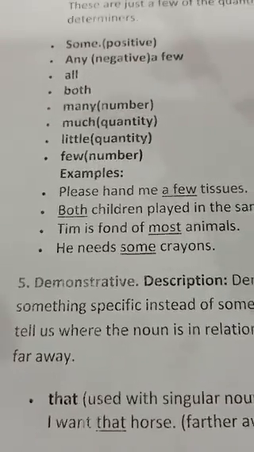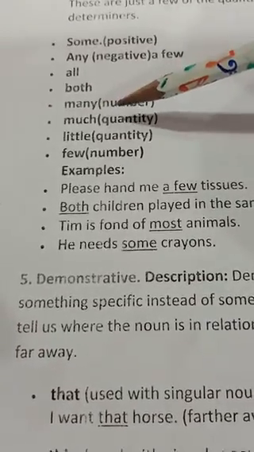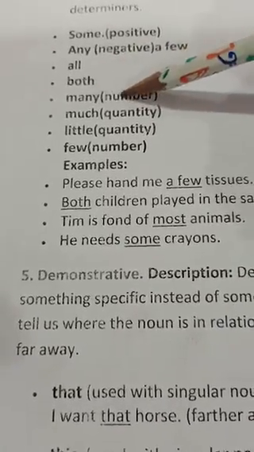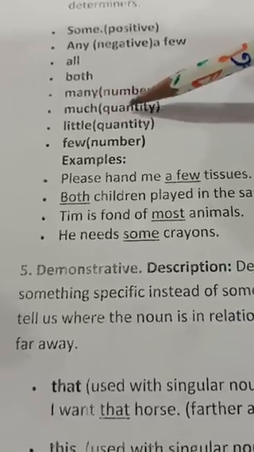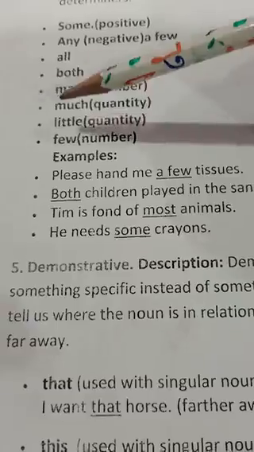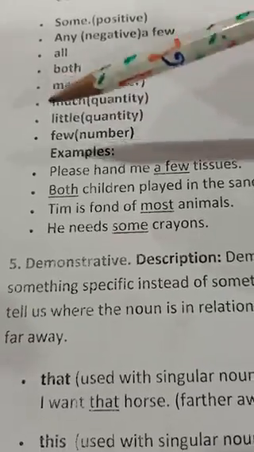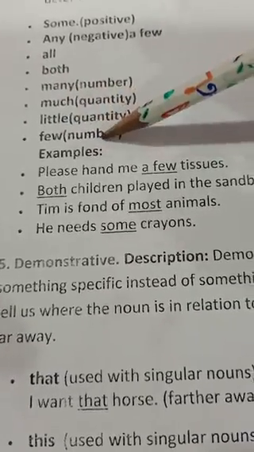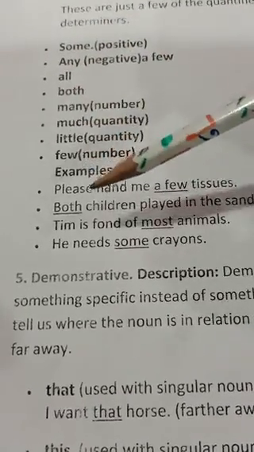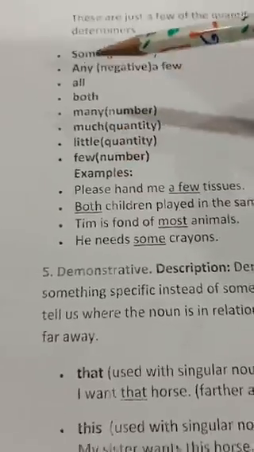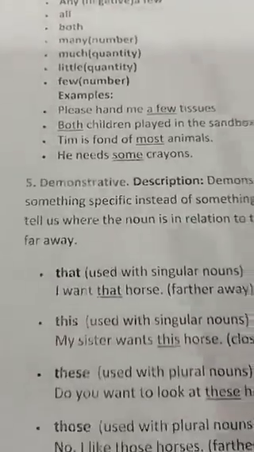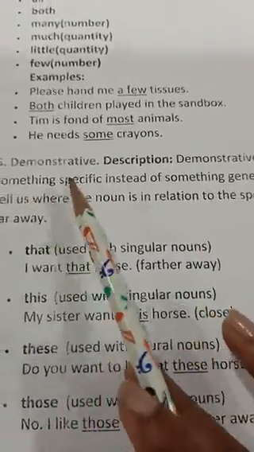Both means two. Whenever your sentence is talking about many, it reflects number. Much means quantity. Little and few: remember that little is used for quantity, few is used for number. So these are your quantitative determiners.